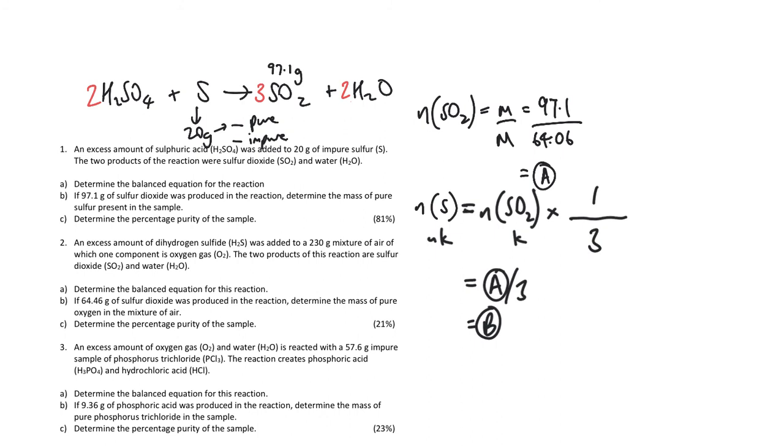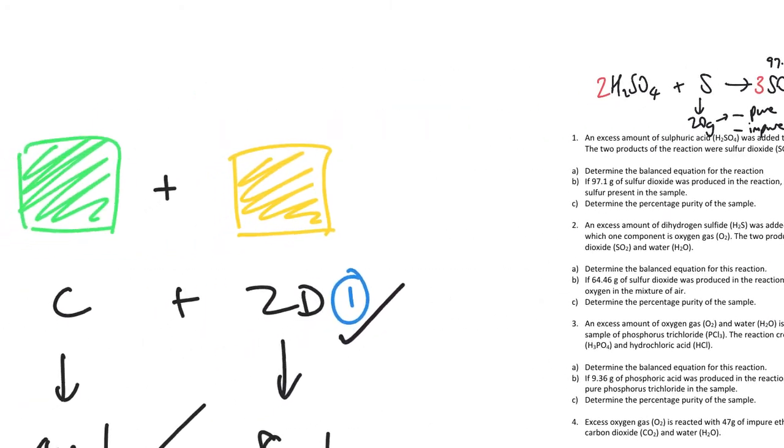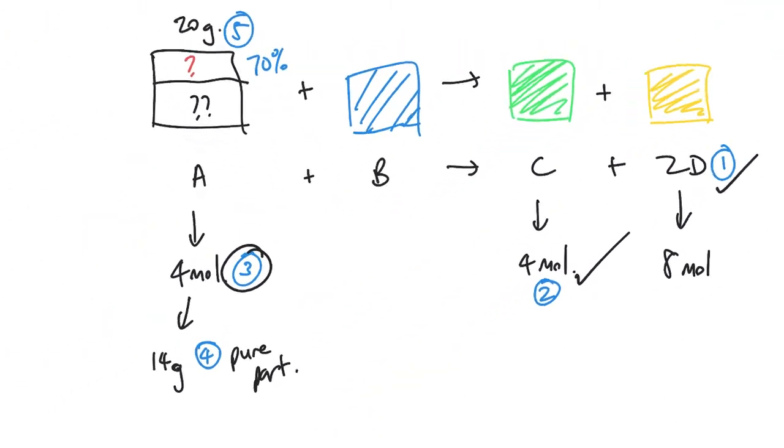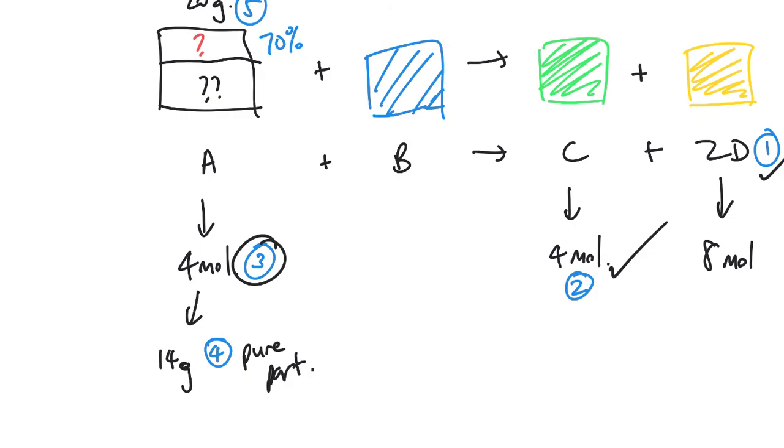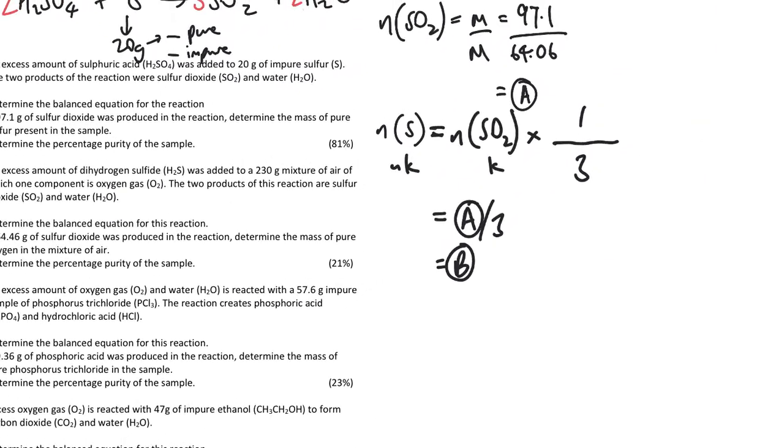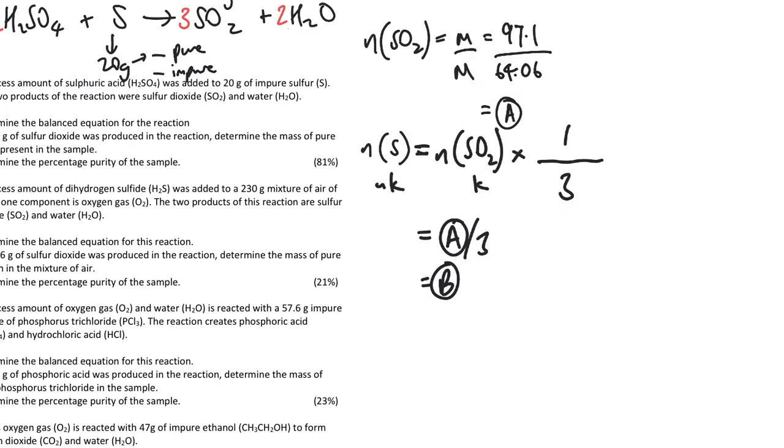Because we've just completed step 3, what's step 4? We need to work out the mass of the pure part. The mass of sulfur will be equal to, well, first of all, how do I rearrange that equation over here to get me the mass?